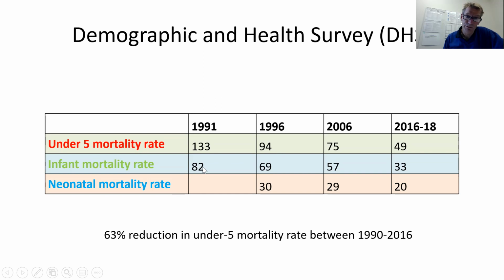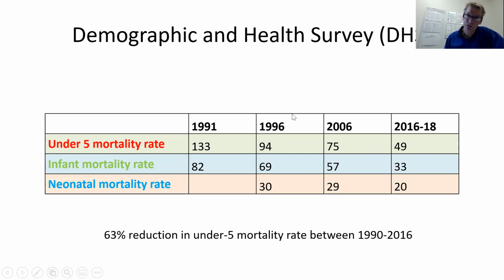The infant mortality rate fell from 82 to 33. Part of the reason why we can have confidence in these data is because it's not just 2 points of data. There's been a progressive decline in the infant and child and neonatal mortality rates in all of that time. Each of these data points are demographic and health surveys, so they were done in the same way.